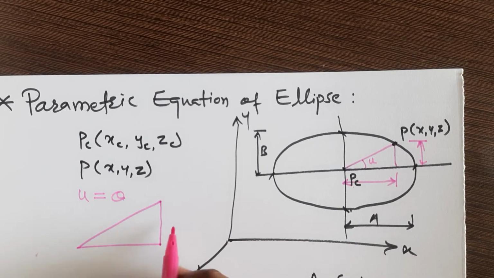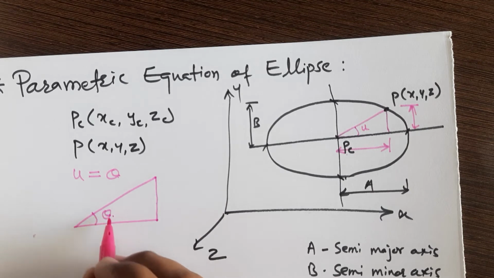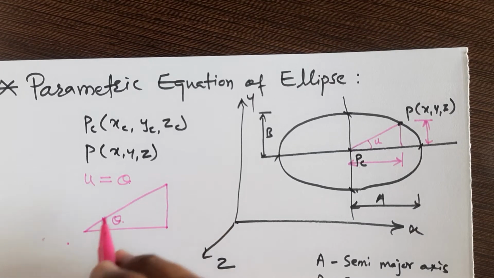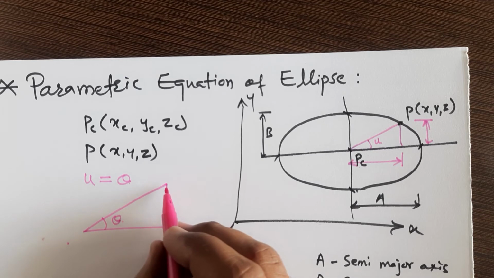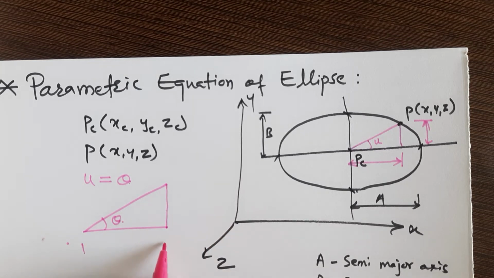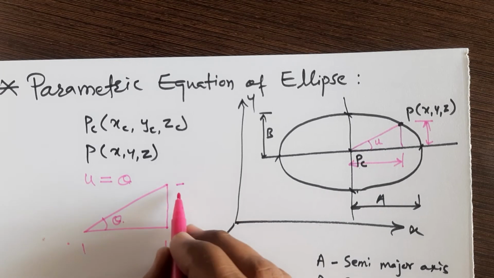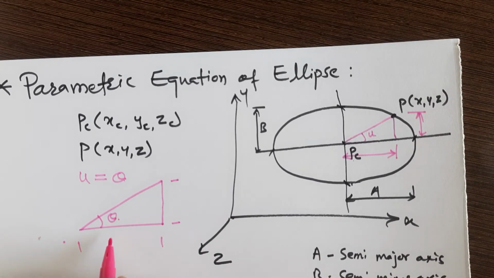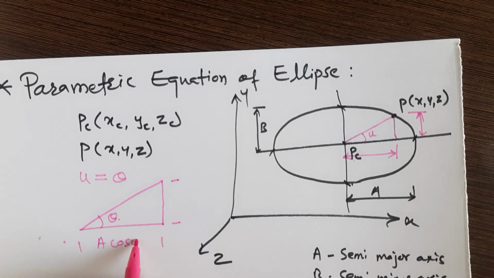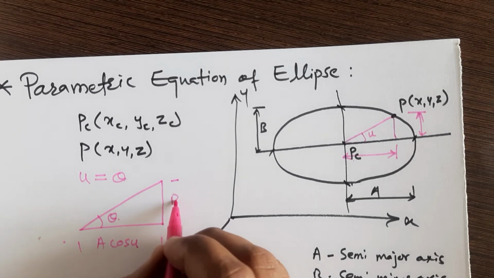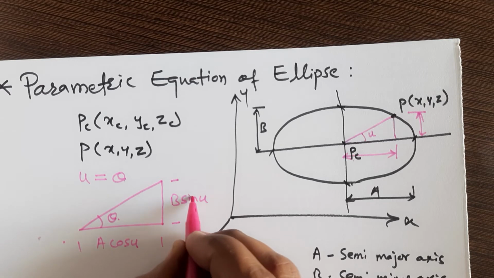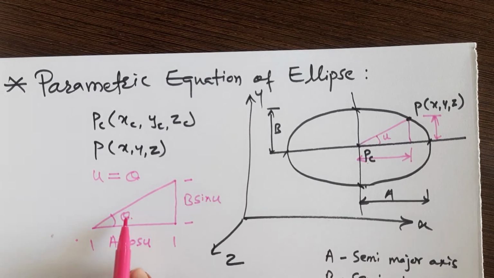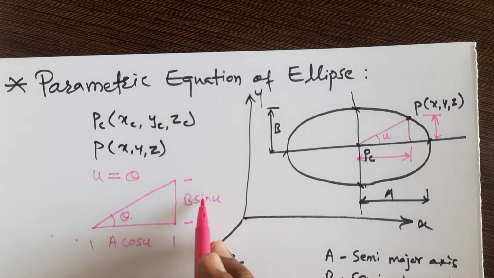So this triangle, and here this theta, and this we are assuming as the hypotenuse. And this distance we want to find, and this distance we want to find. So here this distance will be a cos of u, and this distance will be b sine of u. If you take cos u and sine u, it is adjacent side by hypotenuse. Here in this case the hypotenuse will be a, and in this case the hypotenuse will be b.